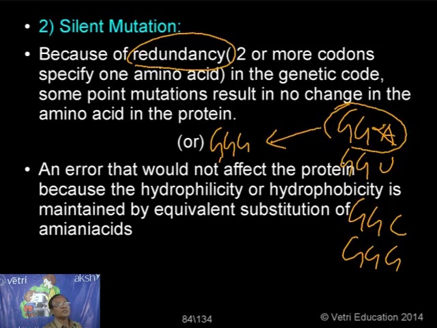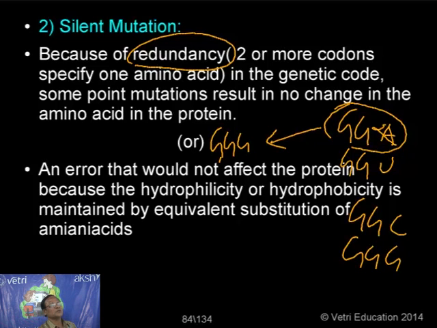So there is no externally visible appearance because of that mutation, because the resultant mutant codon also specifies the same amino acid. So we have another definition here: an error that would not affect the protein, because the hydrophobicity or hydrophilicity of the protein is maintained because of the equivalent substitution of amino acids.